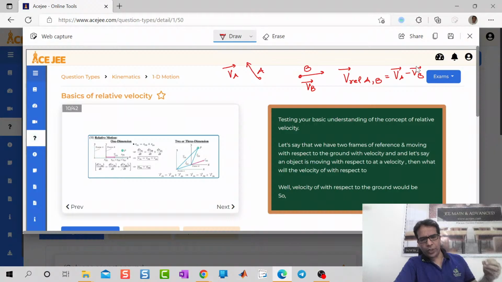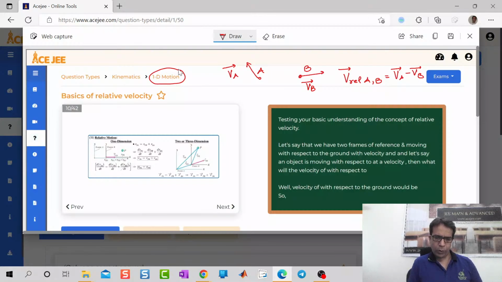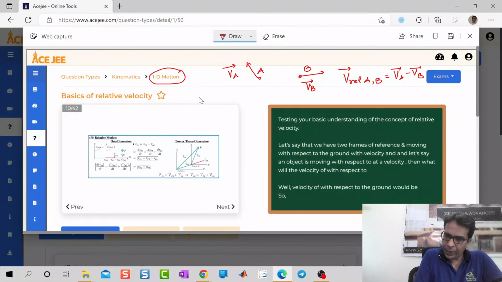At the moment, we are talking about one-dimensional motion. So in one-dimensional motion, we don't need to worry about the vector algebra, but we do need to worry about the signs. So if you have particles, let's say A and B, both moving along the same straight line. Let's say this is A, this is B, A is moving in this direction, let's call it VA, and this is moving in this direction, VB.